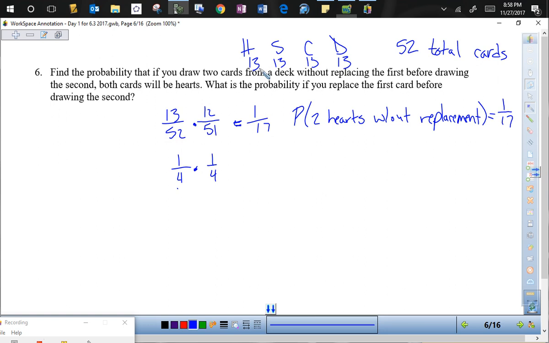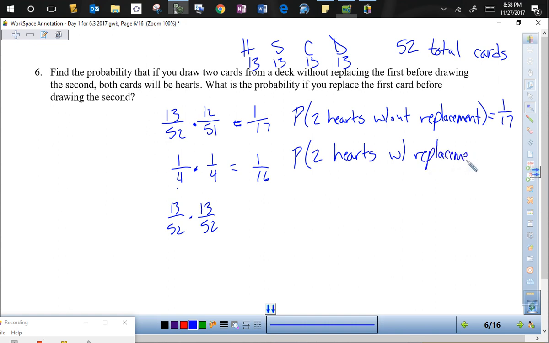Or think about it as 13 over 52 times 13 over 52. Either of these are okay. So I've got 1/4 times 1/4, 1 over 16. So the probability of 2 hearts with replacement is 1 over 16.